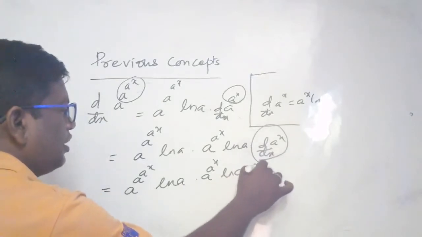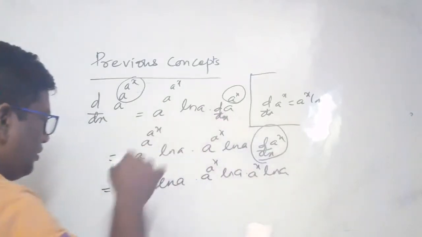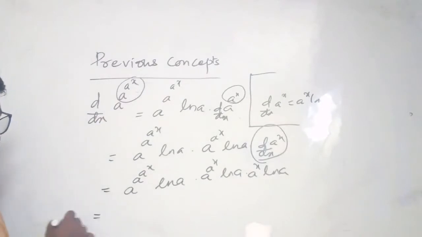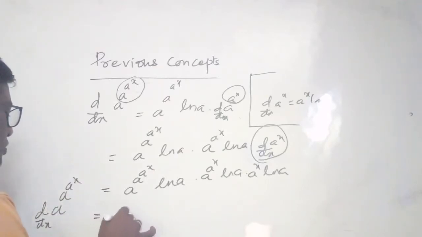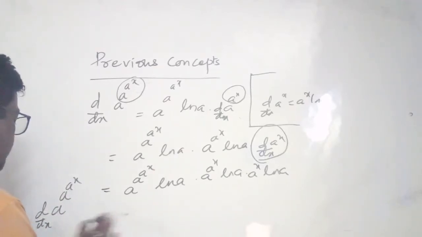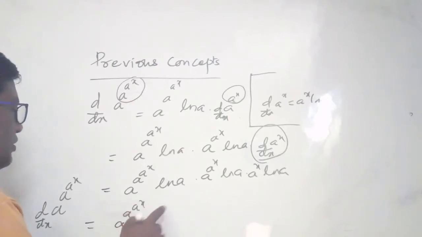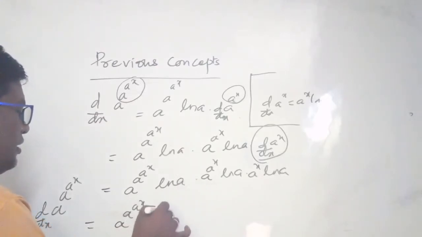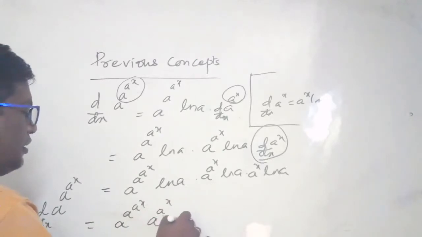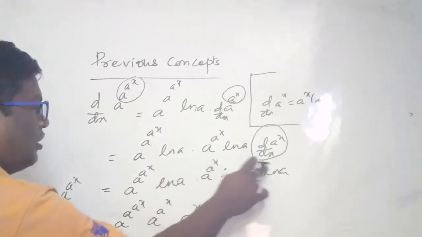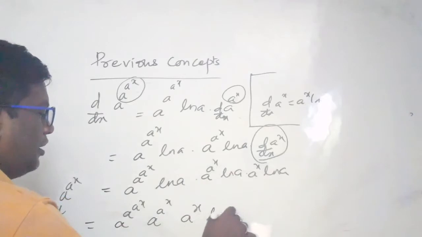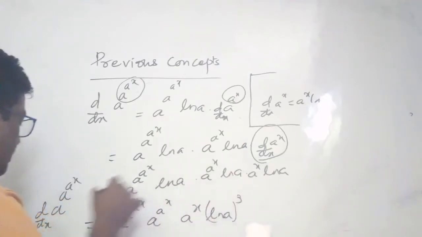So this is equal to a to the x into log a. Now this is equal to what? D by dx of a to the power a to the power a to the x is equal to a to the power a to the power a to the power a to the x, then a to the power x, then a to the x, log a into, so log a whole to the power 3.